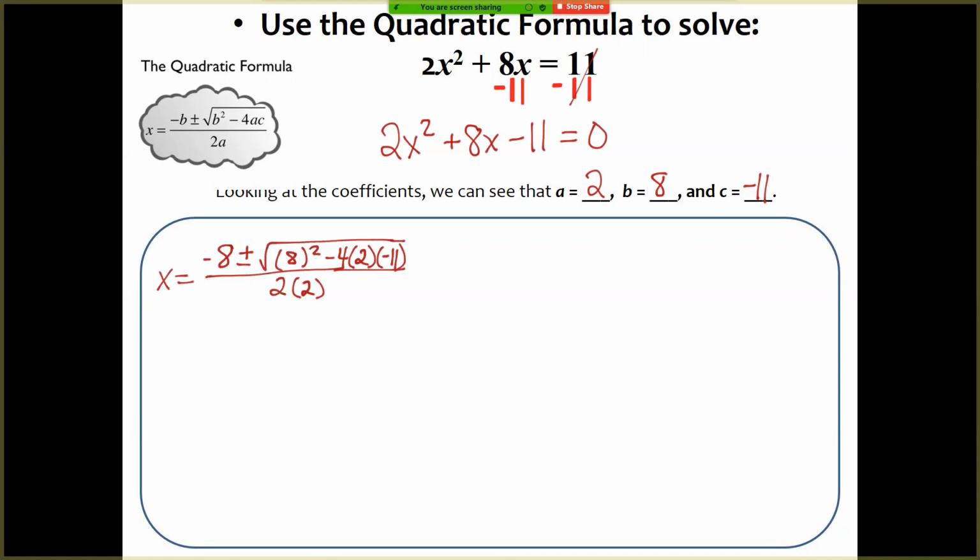So I will tell you, on my test, I give you 1 point automatically for showing me this step right here. So I want to see what you've plugged into the quadratic formula, just so I can double check to make sure you're plugging things in correctly.